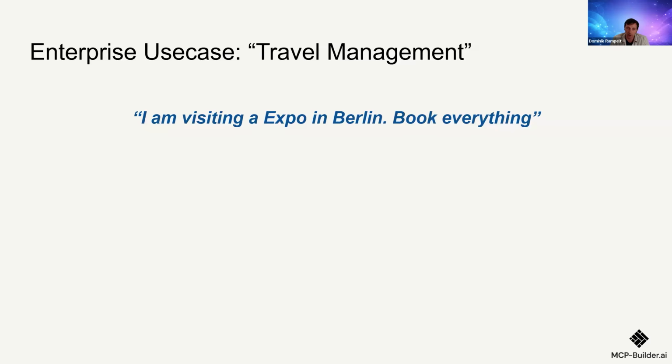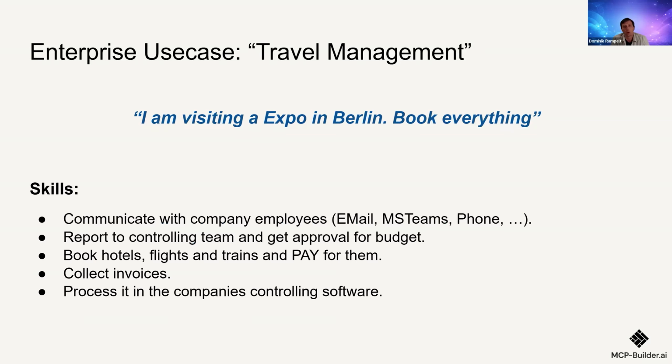So let's think about what this AI assistant would need to have skill-wise. First of all, it needs to be able to communicate with my company employees. So if I'm working at the company, I need to be able to communicate with this assistant via email, Microsoft Teams, even by telephone, just speaking with it. So it needs to have an open channel there.